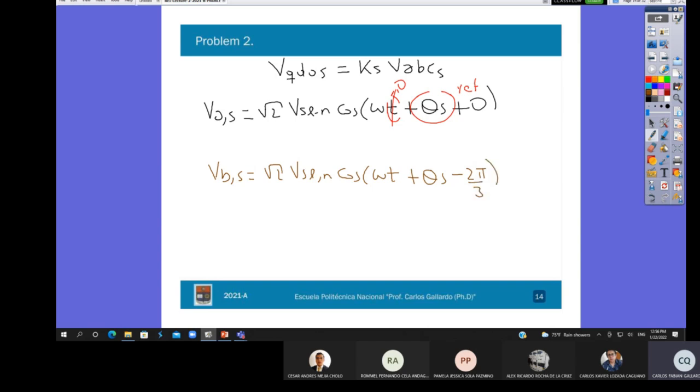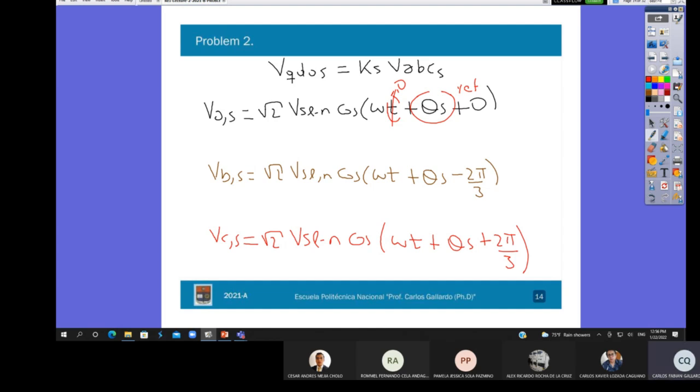This is for phasor B. And finally, for phasor C, I will have the square root of 2 times the line to neutral voltage, cosine of omega t plus theta s plus 2 times pi over 3.